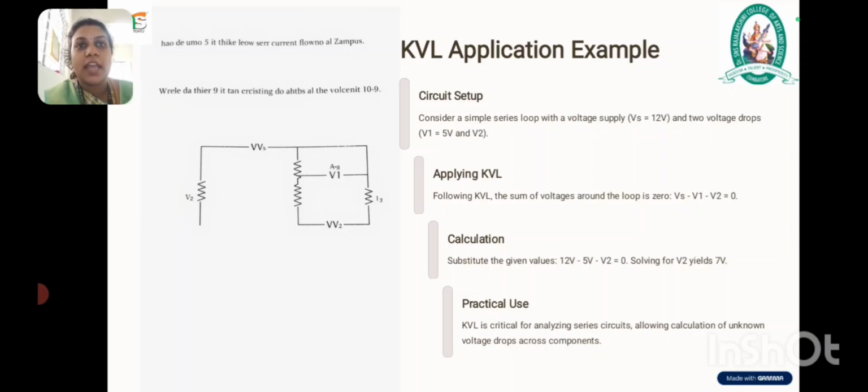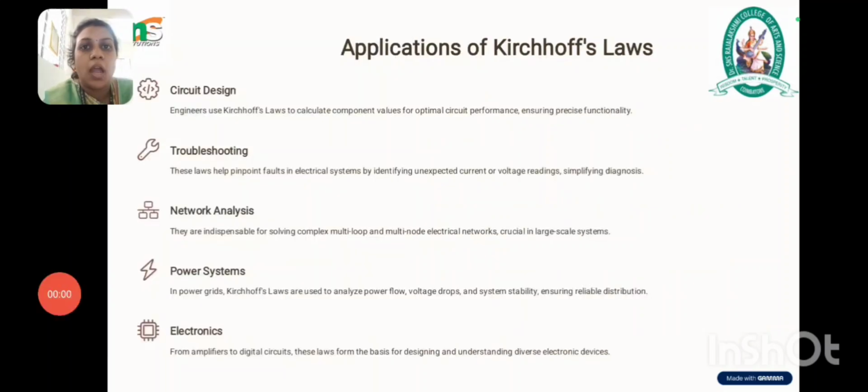By applying KVL we can verify that the sum of potential differences matches the applied voltage, confirming circuit correctness, since the sum of the voltages around the loop is 0. In practical use, KVL is critical for analyzing series circuits, allowing calculation of unknown voltage drops across the components.